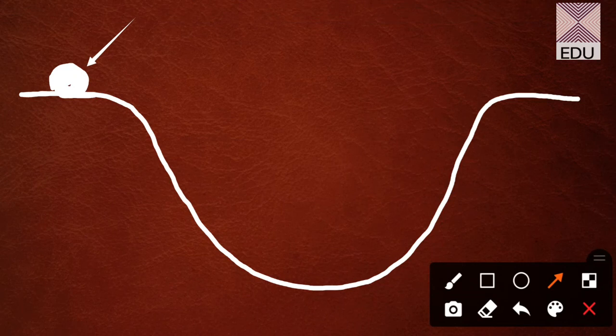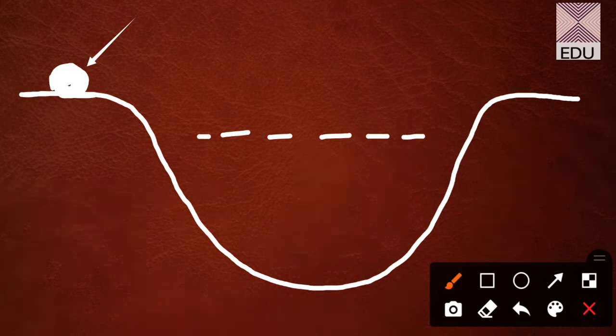Now this particular water body is having water inside it. So this is water, and there is a particular snail present inside the water body.